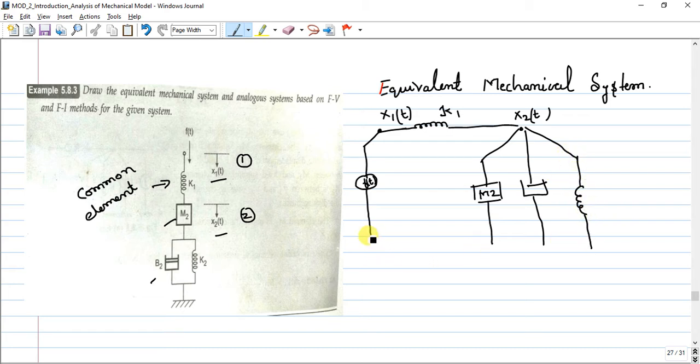So all three are having the same displacement. So m2, and this is b2 and k2. Okay. All three are having the common displacement of x2. So this will be our diagram, that is the equivalent mechanical system.